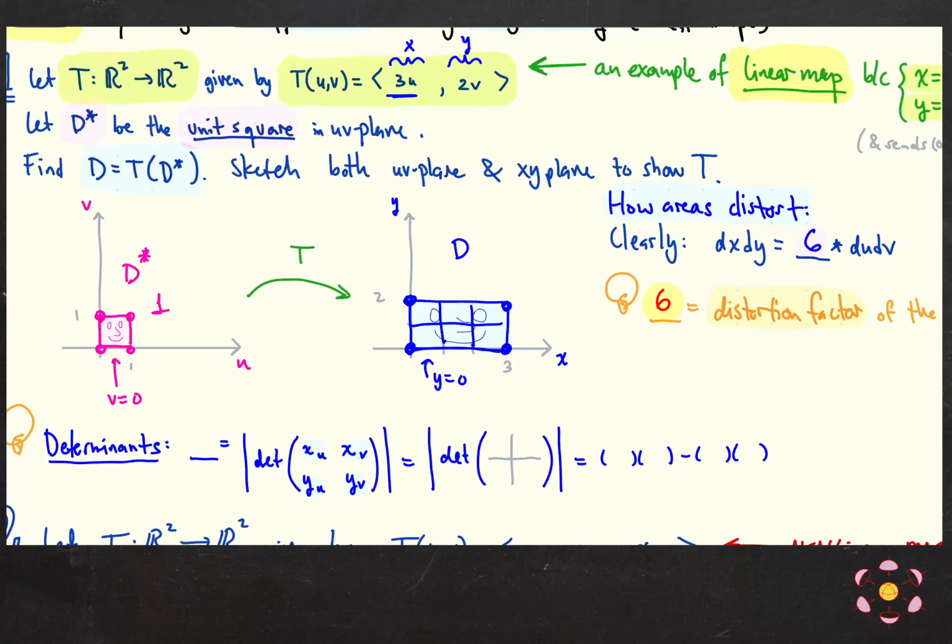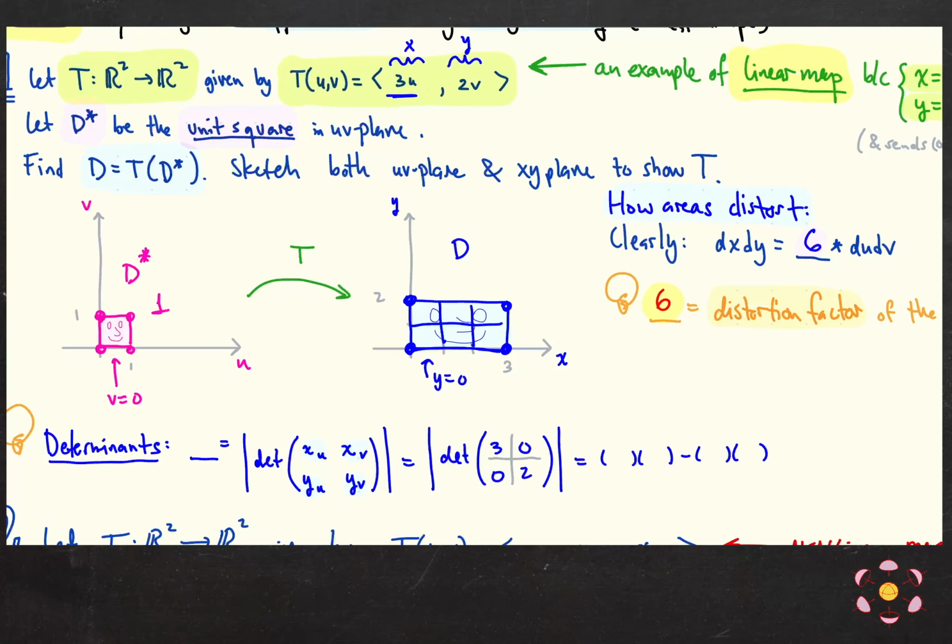The partial derivative of x with respect to u is just 3. The partial derivative of x with respect to v is 0, because there's no v there. Similarly, the partial derivative of y with respect to u is 0, and the partial derivative of y with respect to v is 2.